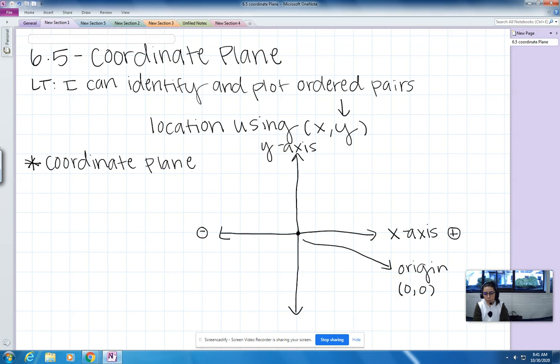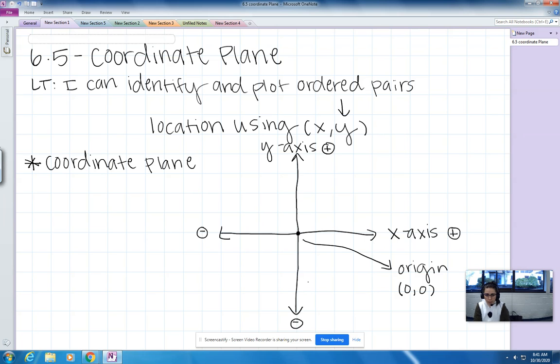With the y-axis, we have the same options. We have a positive side and a negative side. If we move up, above or greater than 0, those are our positive y values. And if we move down, below or less than 0, those are our negative y values. So our origin, where we originate, is the location 0, 0. And we've now discussed which directions are positive and which directions are negative.